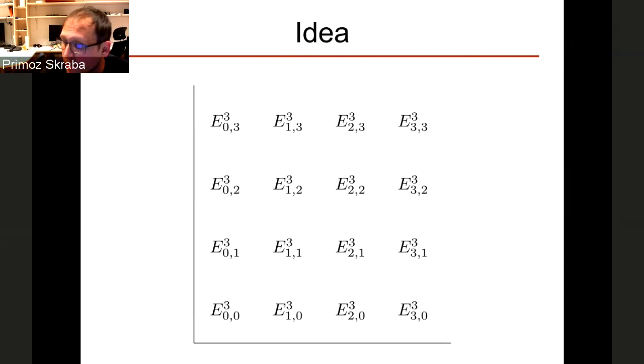So here I have the E3 page, and I'm going to take an element in this part of the third page. There's some homology class. I'm going to take a chain representative, and I'm going to apply d2 to it. Recall that E3 is essentially kernel mod image of d2.